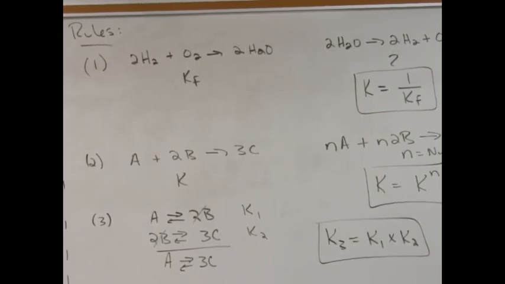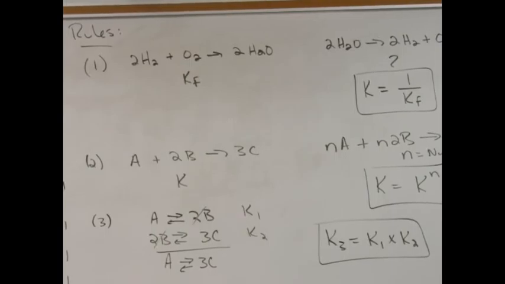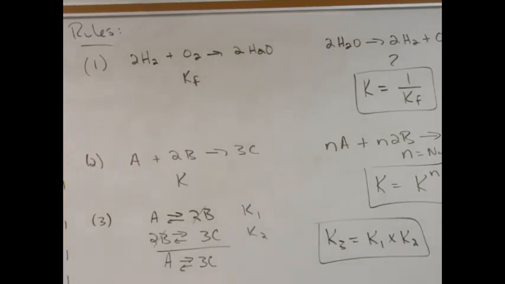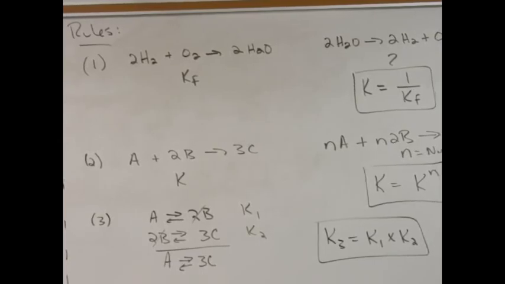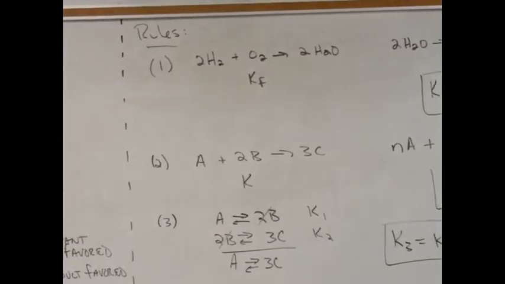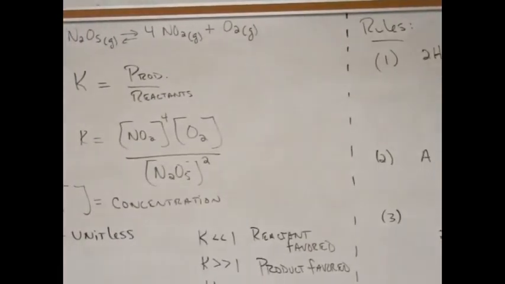So equilibrium constants tell us where the equilibrium lies, what value it has. Is there more product? Is there more reactant? And once we know them for one reaction, we can use them to find analogous reactions. We can take the parts and solve for other reactions.